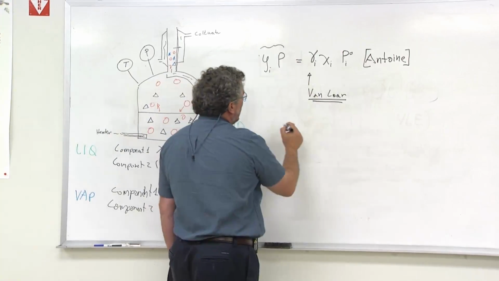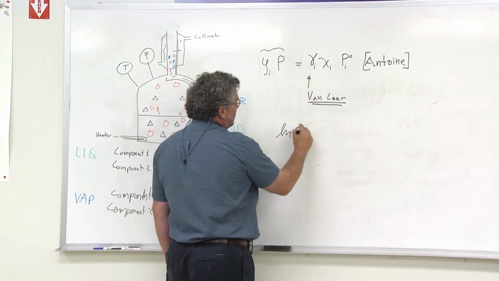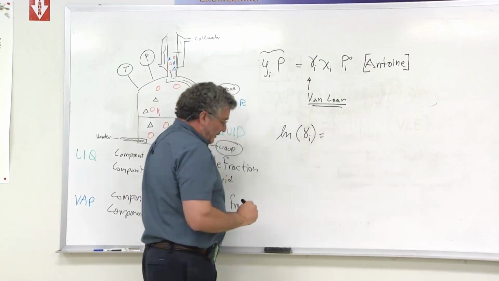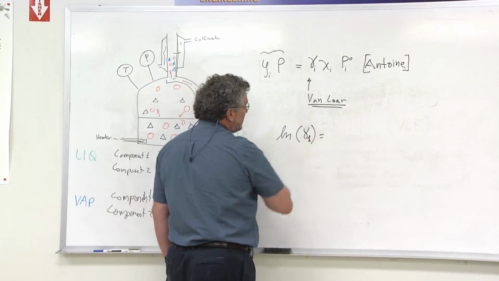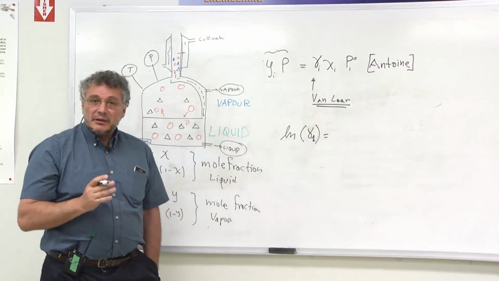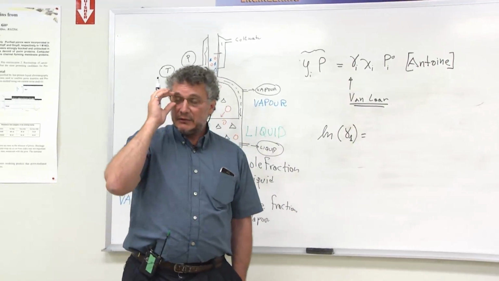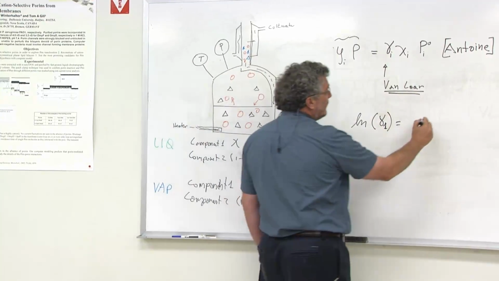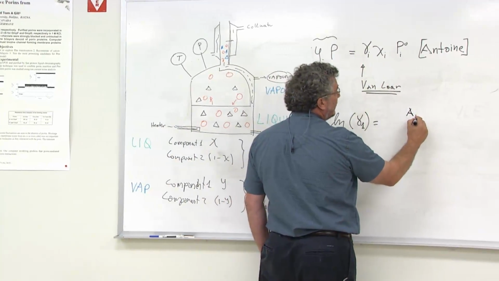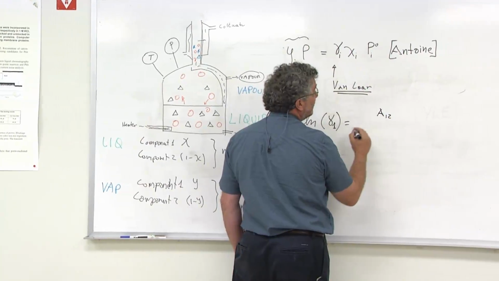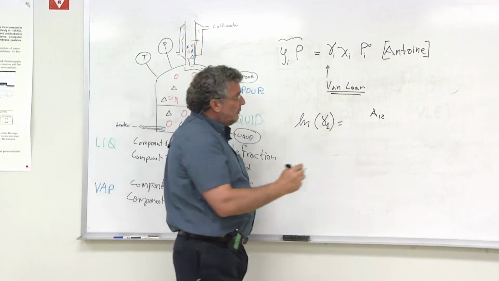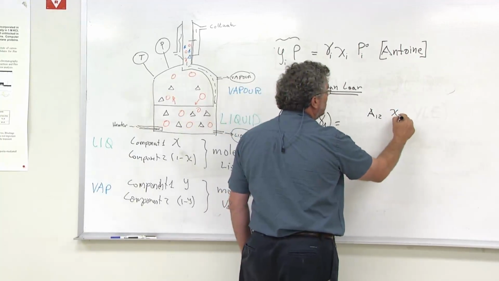So the Van Laar equation, in this case, I'm going to put here 1 so there's no confusion. It says that the natural logarithm of the activity coefficient gamma 1 is a function of an interaction coefficient between molecules type 1 and molecules type 2, a12, multiplied by x2 squared.